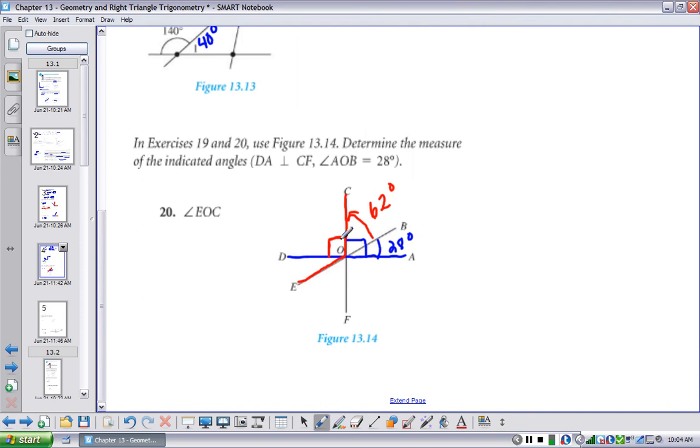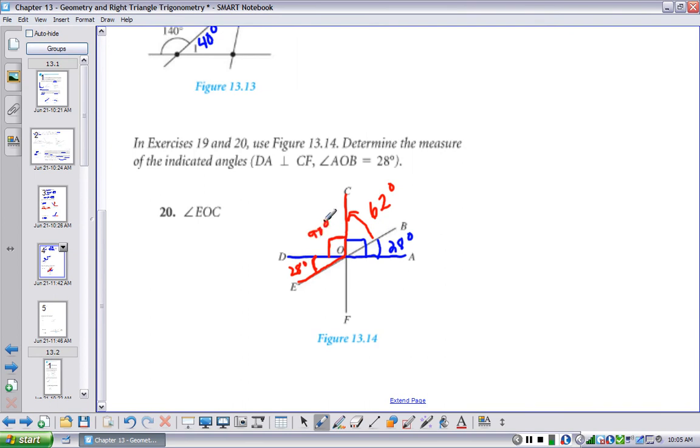And let's see, what else do we know? Well, here we have 90 degrees. That's 90 degrees. This here is like a transversal. And this angle here of 28 degrees is going to be equal here, which is 28 degrees.